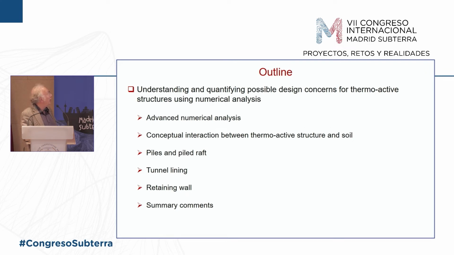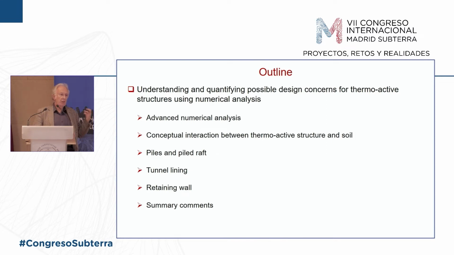So this is an outline of what I'm going to do. I'm going to briefly show an equation, which for civil engineers won't be a problem, but the audience is a bit mixed. But it explains a lot of where the complexities and the uncertainties come from. I'm then just going to show the example of a pile, look at some more piles, a tunnel lining and a retaining wall, to give you a feel for understanding how these things behave and how they affect each other.